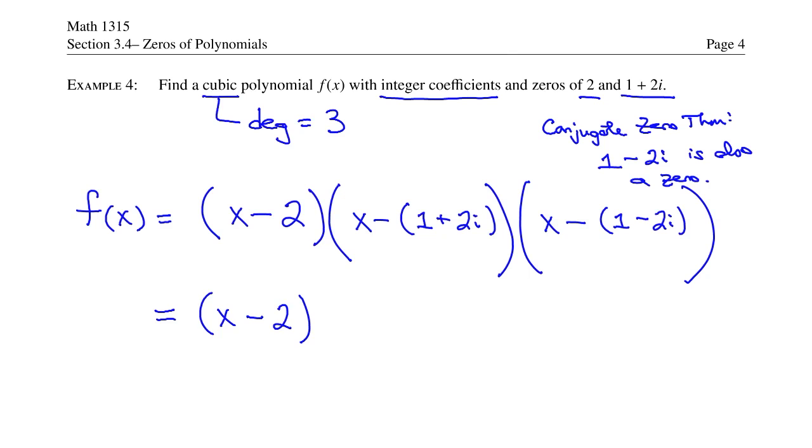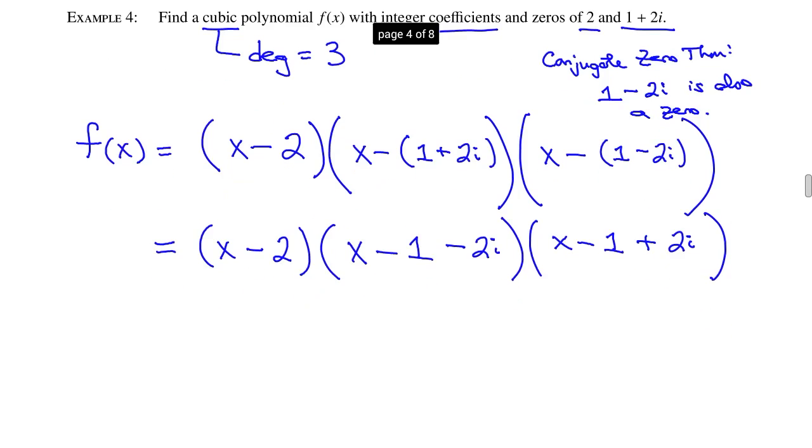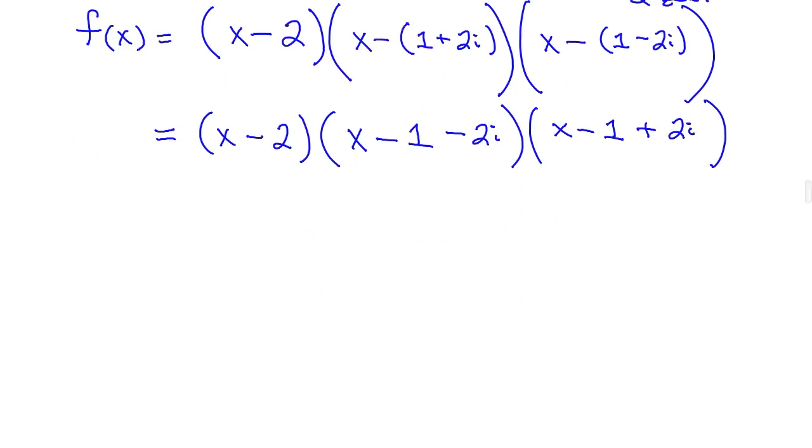And then we're going to distribute the negative inside each of these individual parentheses. We're going to get x minus 1 minus 2i, and then x minus 1 plus 2i. And within this result, I'm going to do some grouping. I'm going to group together the x minus 1 here and the x minus 1 here.